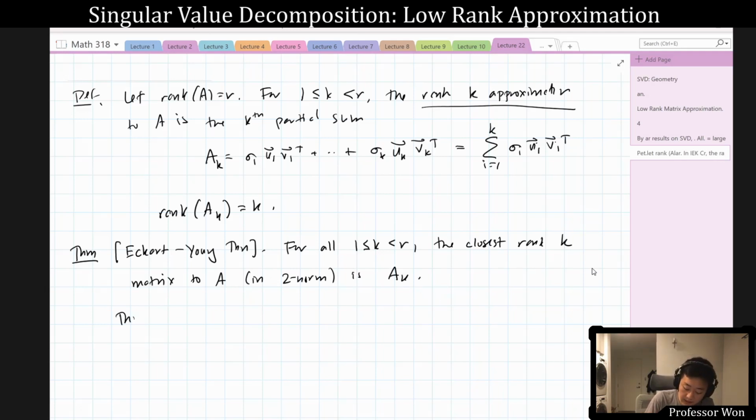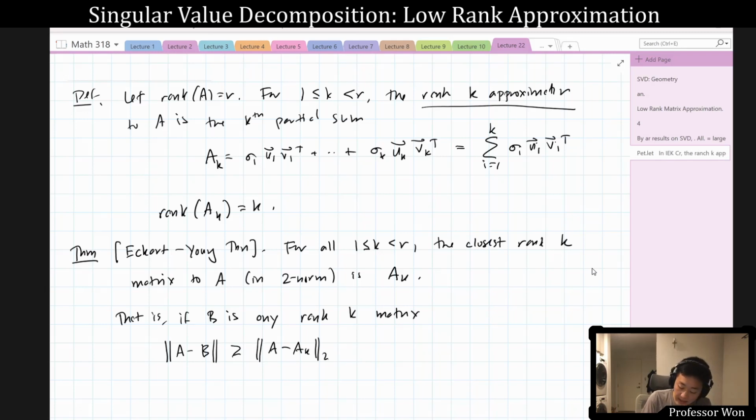That is, if B is any rank k matrix, then the difference between A and B in 2 norm is at least as big as the difference between A and A_K in 2 norm. And this difference is just sigma sub k plus 1. It's the next singular value.